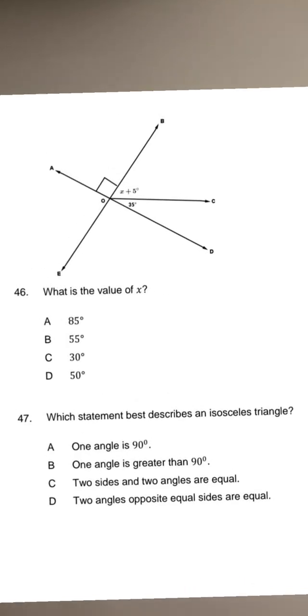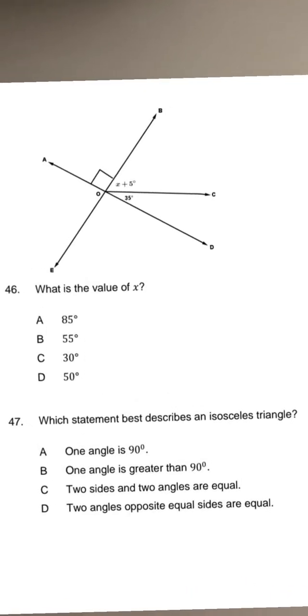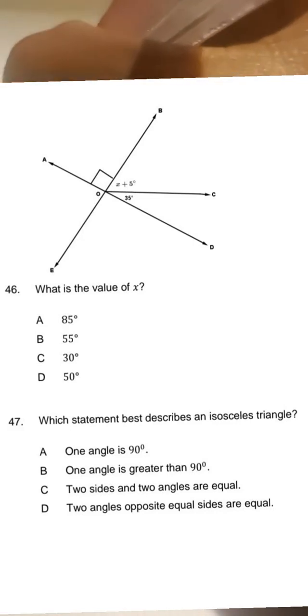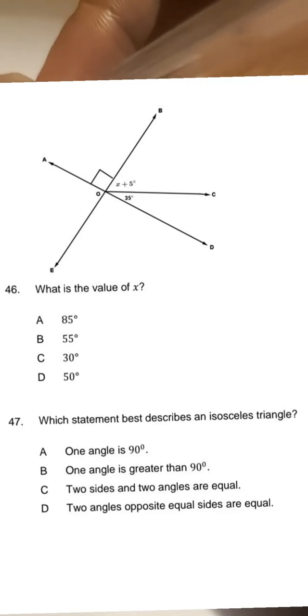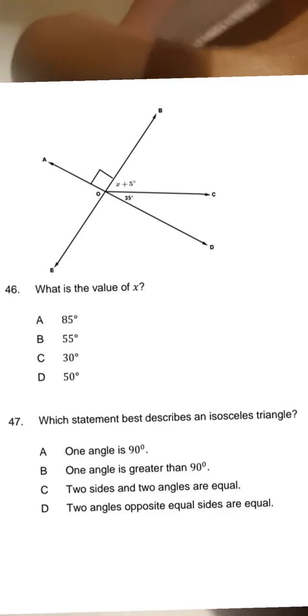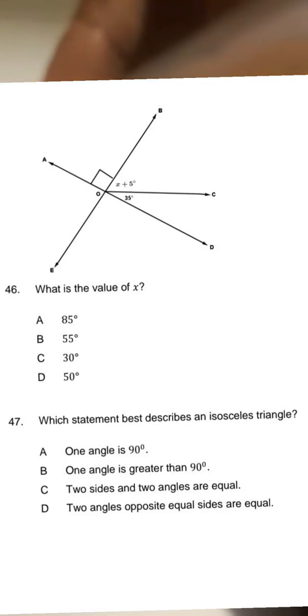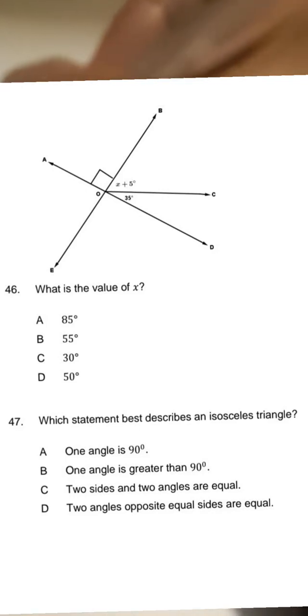So what you should then notice or realize is that there's an x plus 5 degrees in the diagram, there is a 35 degrees in the diagram, and there is also a 90 degrees, which is symbolized by the box. So these are the aspects that we have in the diagram.